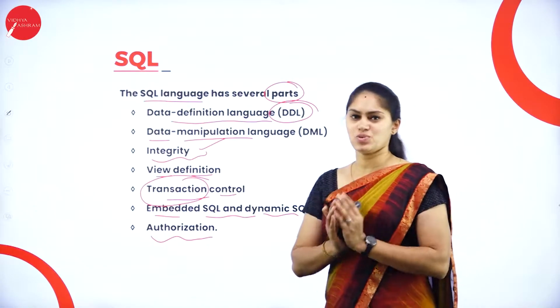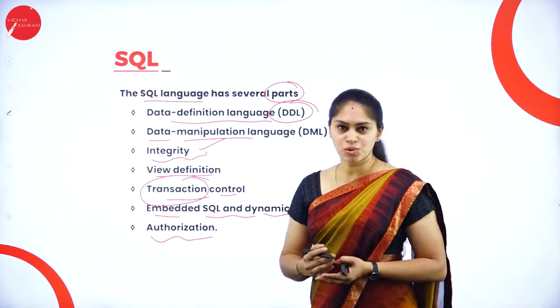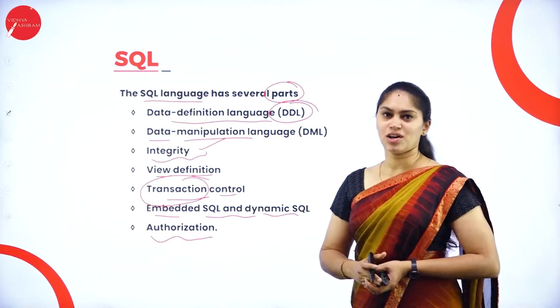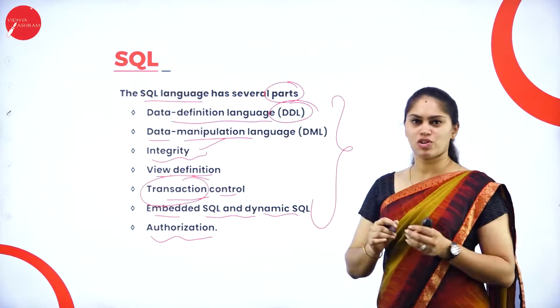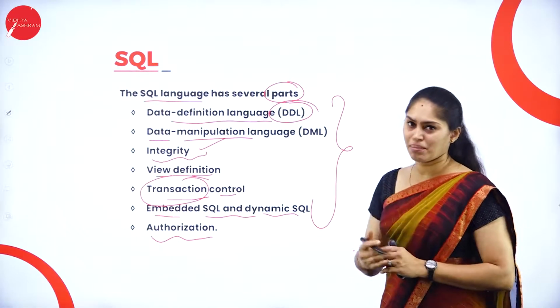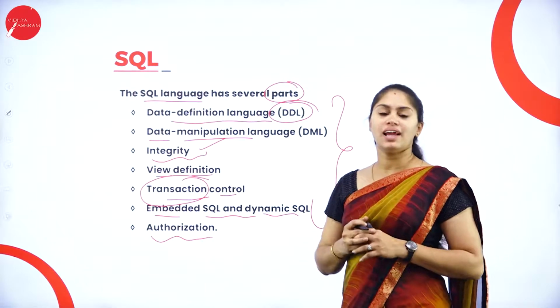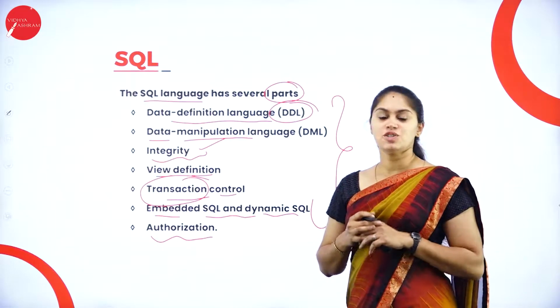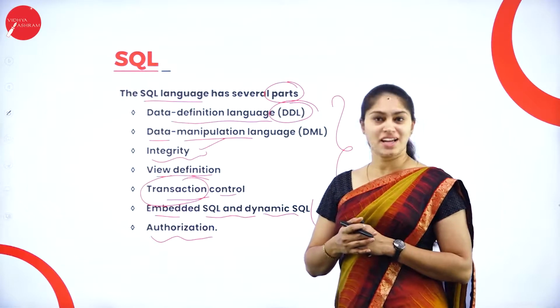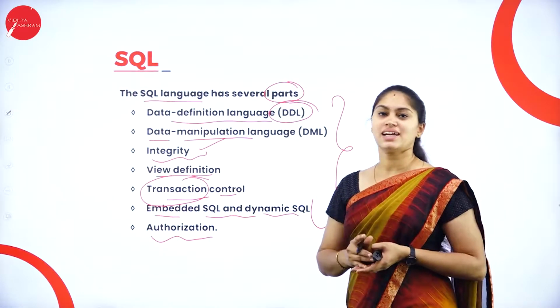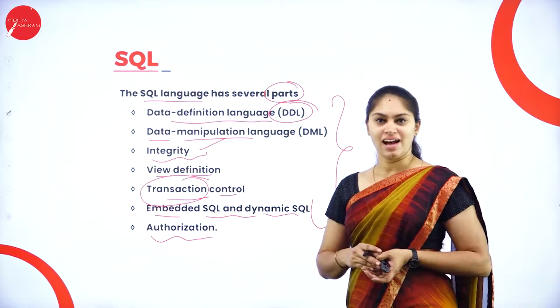All these components make a powerful tool to access the content of an RDBMS. By integrating all these parts, SQL gives a more efficient and effective way of accessing the content we have in the RDBMS.